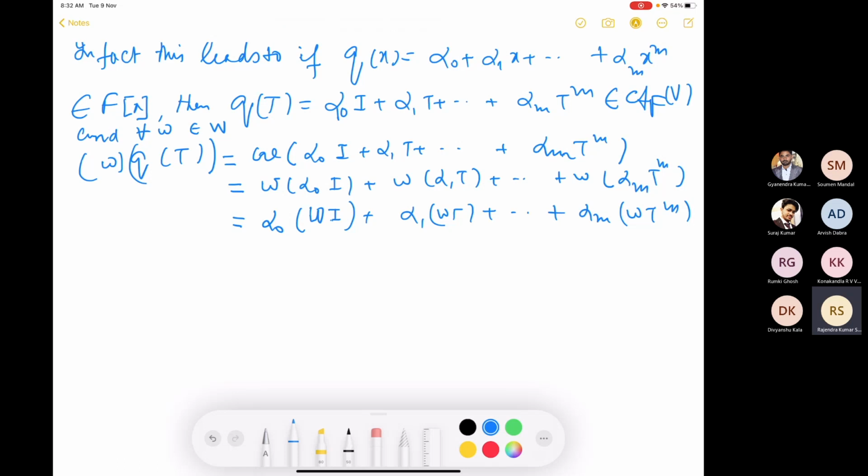So this is alpha naught w plus alpha 1 wT, and wT and T restricted to W will be the same, up to alpha m w under T restricted to W power m.